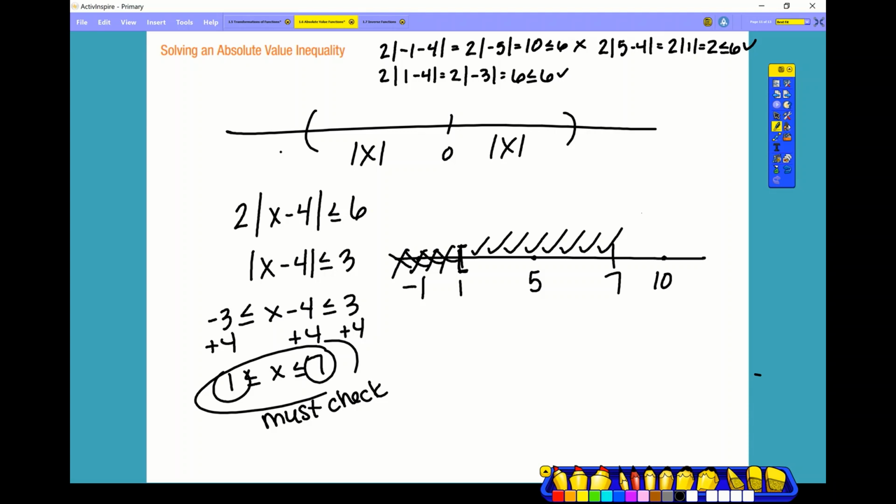So now let's say we have the 7. It's good, so we include 7. Now 10. 10 minus 4.